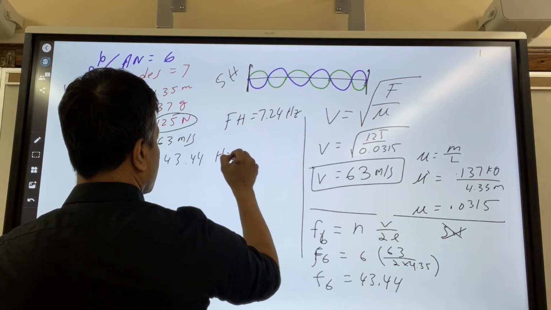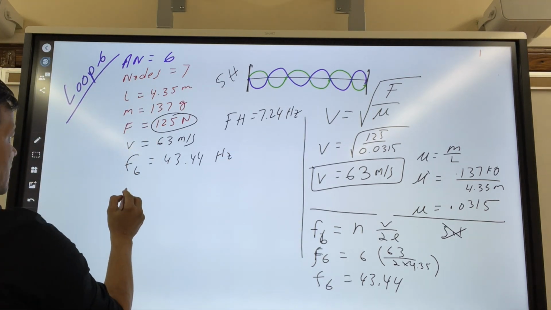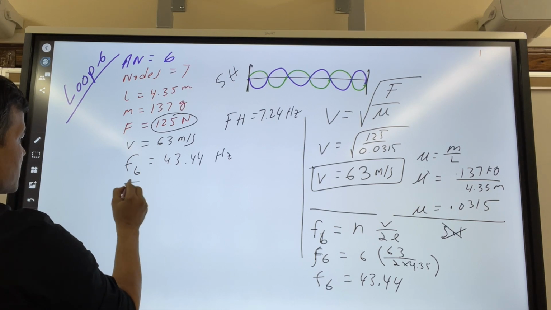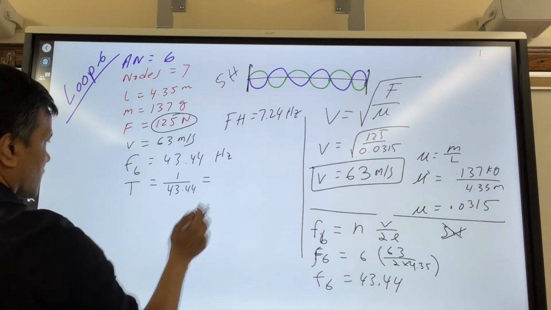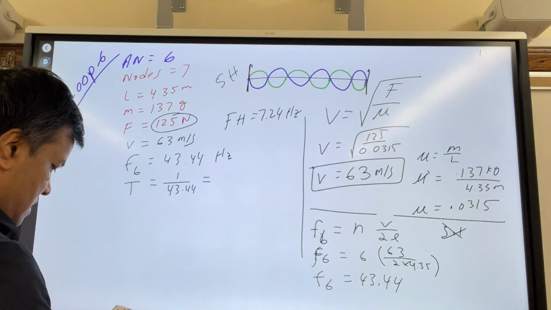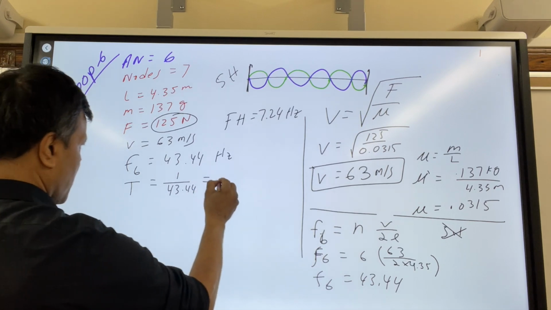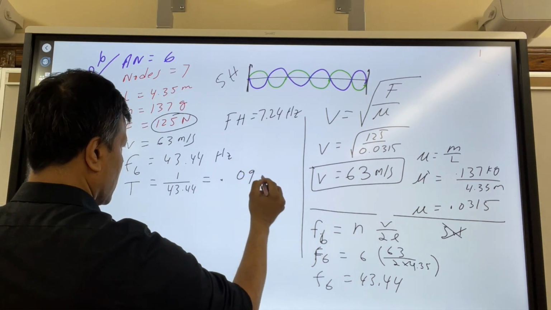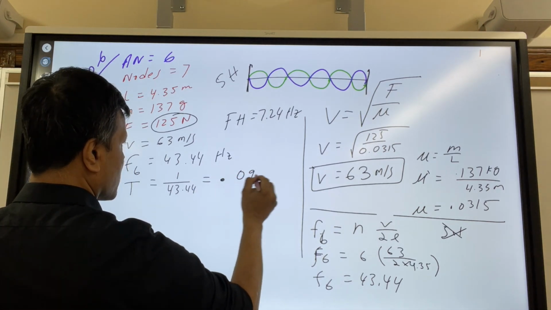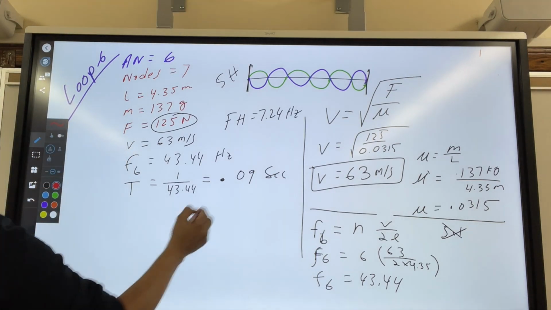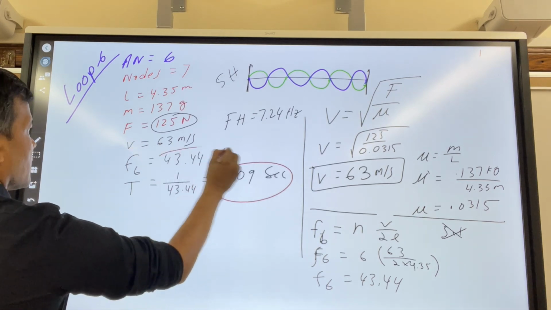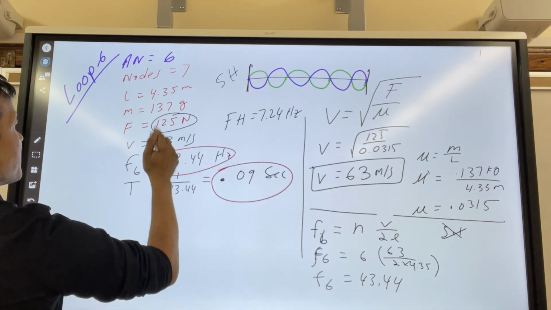We're going to find the period. Period is 1 over 43.44, and that will be 0.09 second. Okay, so we have the period, we have the frequency, we have everything.